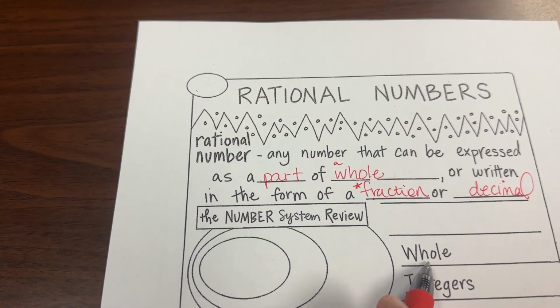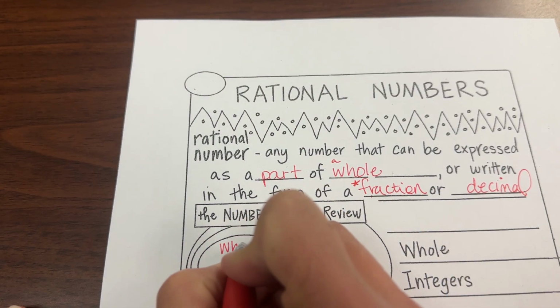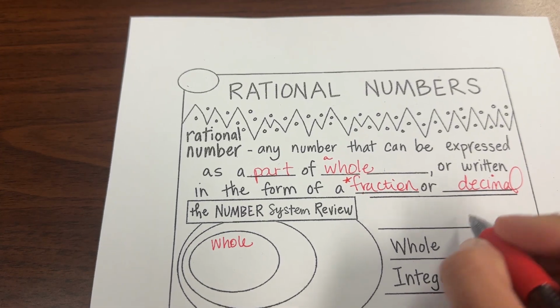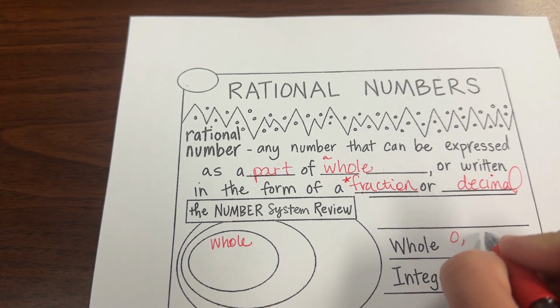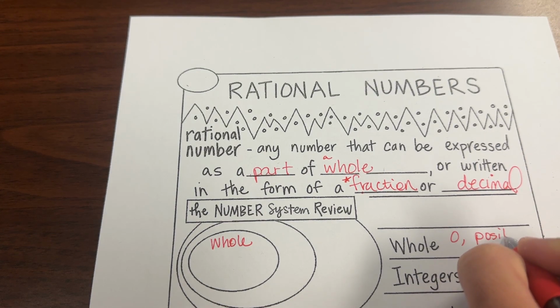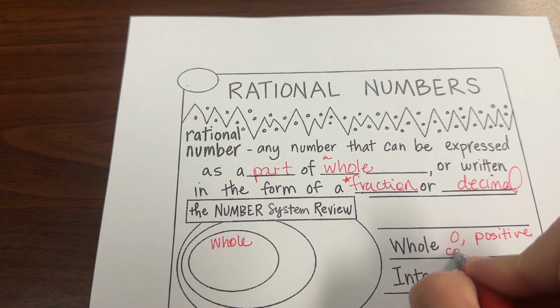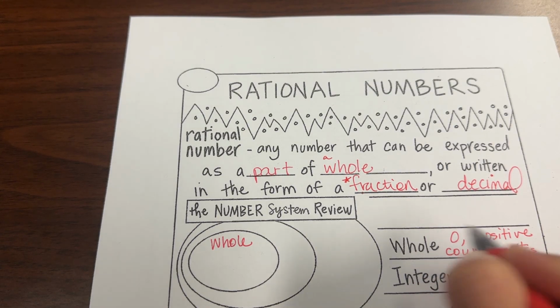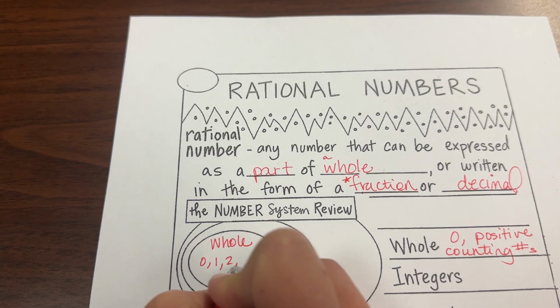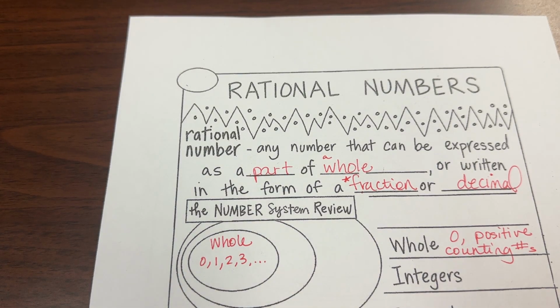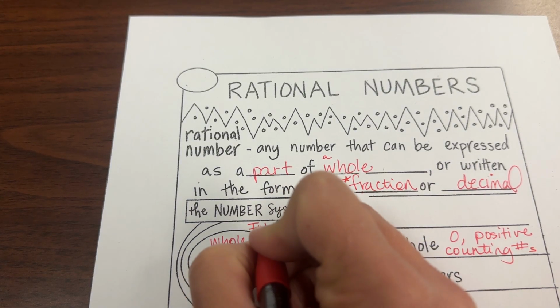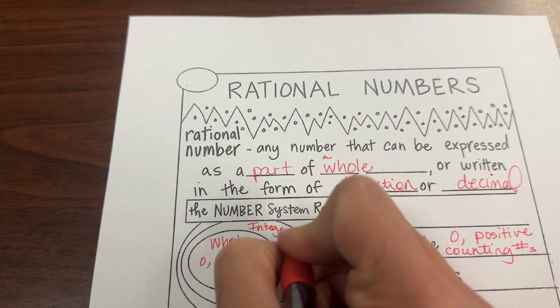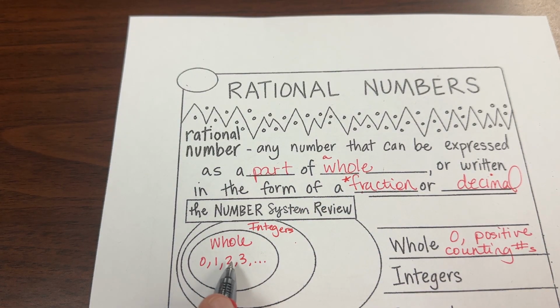So whole numbers, if you'll remember, are going to be 0 and then your positive counting numbers. So like 0, 1, 2, 3, and so forth. Okay, then you have your integers. So this integer circle has the whole number circle inside of it.